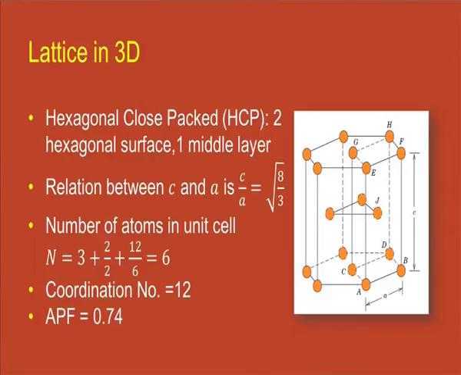The number of atoms in the unit cell is equal to 6, and the coordination number for this particular unit cell is 12, whereas the atomic packing fraction is 0.74.